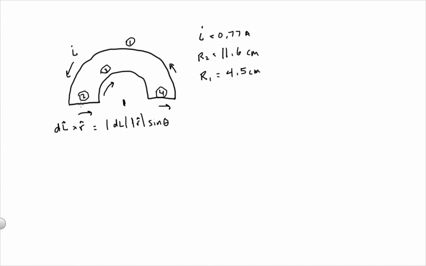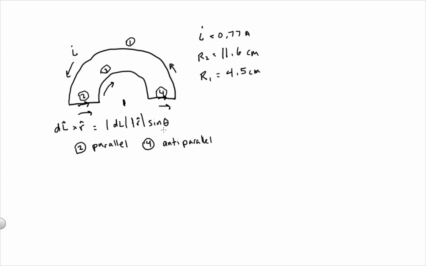Now, dL for 2 is pointing from left to right, and r hat here to our point of interest would also be pointing in the same direction. And so for 2, these things are parallel. And for 4, we would still have dL pointing from left to right, but r hat would be pointing in exactly the opposite direction, so we can call this anti-parallel.